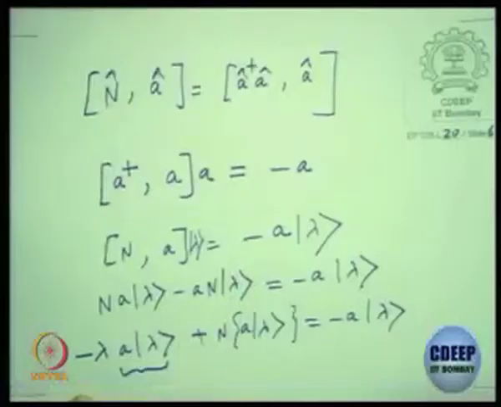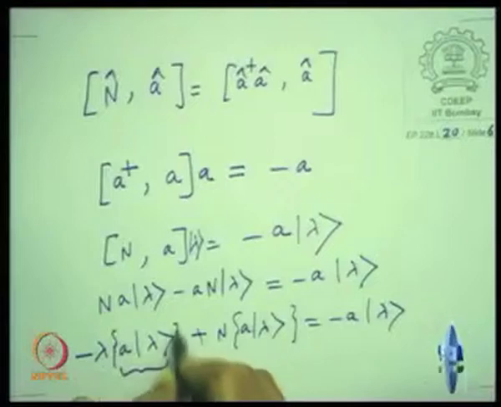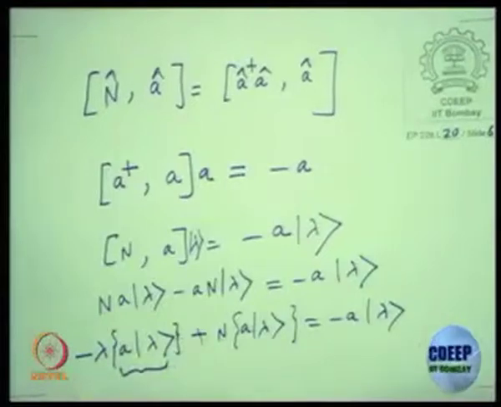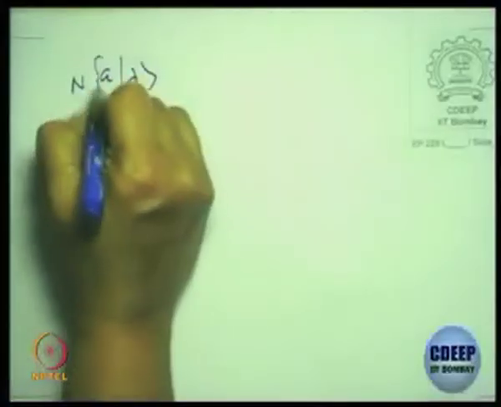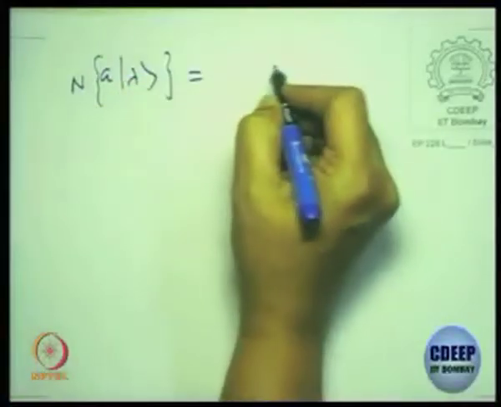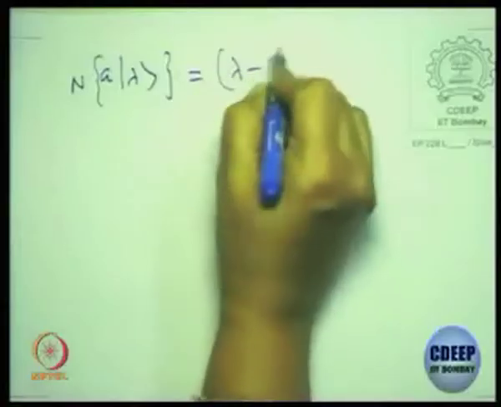Take this term to the right hand side and keep A of lambda to be some new state. What will you get? You will get N A of lambda equal to lambda minus 1 times A of lambda.